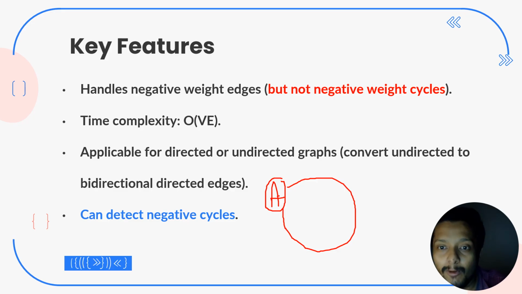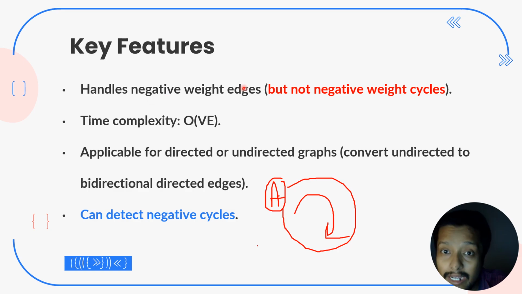If this is possible, then you can run infinite loops and keep reducing the cost. Your cost will be minus infinity. So that is actually not possible.